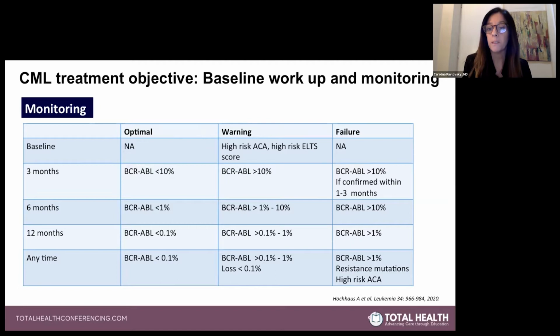This has to be repeated. At 6 months, the confirmation of more than 10% is a failure, and also more than 1% at 12 months. At any time, if the patient has more than 1% of BCR-ABL or the appearance of mutations or high-risk abnormal cytogenetics, we are considering a failure.